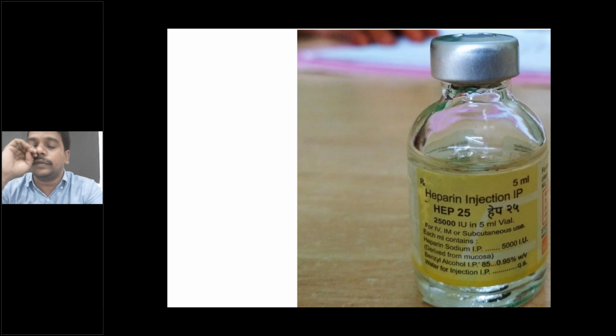First, they will put that bottle or injection there. You need to identify what injection it is. They will write heparin injection also. You need to write heparin and the important therapeutic uses. Then first one is heparin.